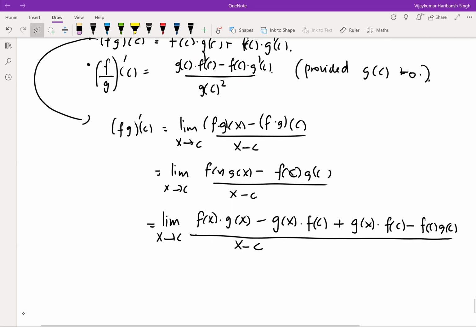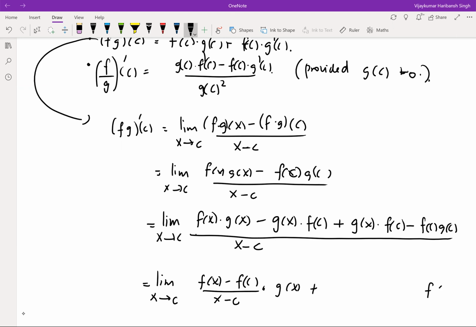This is the usual trick you saw in your calc course as well. Take g of x common, so we have f of x minus f of c divided by x minus c, times g of x, plus, taking f of c common, g of x minus g of c divided by x minus c.